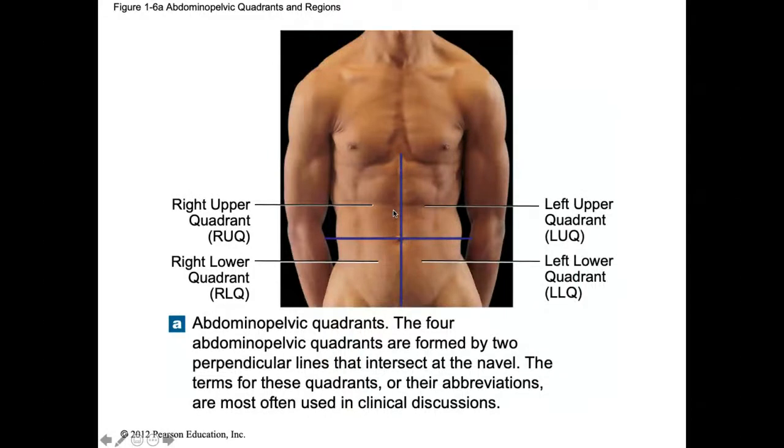Okay, when we look at the abdominal area, we can break the abdominal area up into 4 quadrants. There's a right upper quadrant, the RUQ. There's the left upper quadrant, left lower quadrant, and right lower quadrant. Why are these quadrants important?